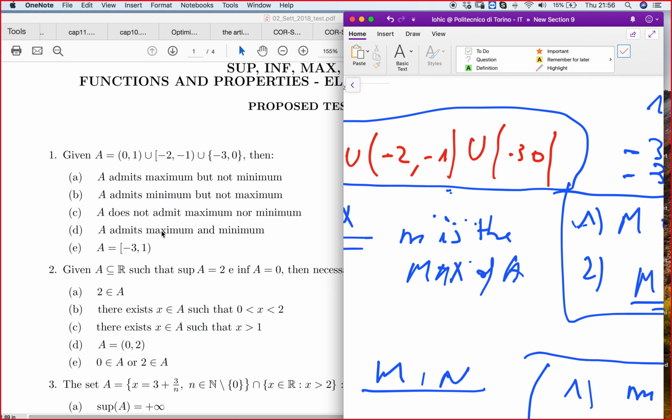Okay, so the first does not admit a maximum nor a minimum, false. A admits maximum and minimum, false, because we have no maximum. A is equal to this interval, false, because they are not all the numbers between minus 3 and 2 and minus 2. Yes or not? Here A does not contain, for example, minus 2.5, whereas this interval contains minus 2.5.